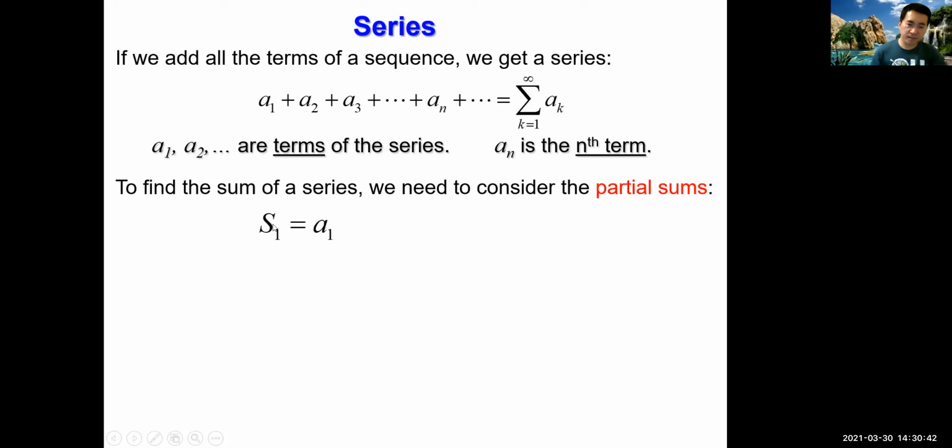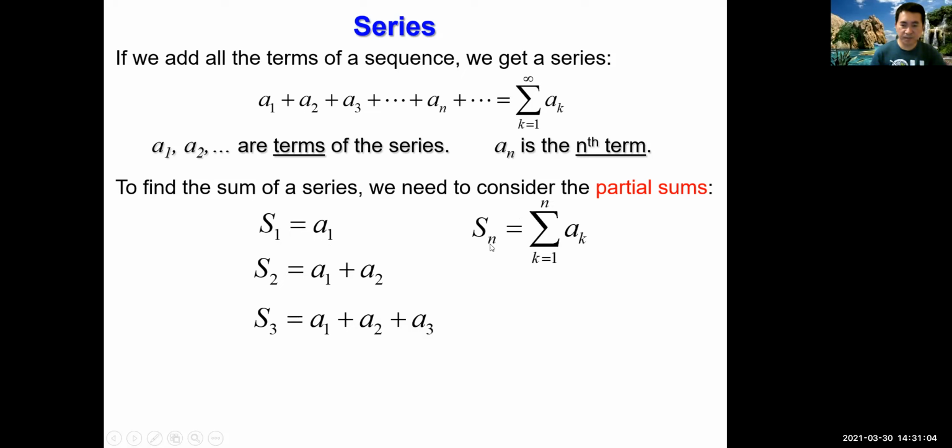If I write s sub 1, that means the sum of the first one term, just this one. If I write s sub 2, that means the sum of the first two terms, a1 plus a2. s sub 3 means a1 plus a2 plus a3, and so on. s sub n means the sum of a sub k from 1 to n, that is, the sum of the first n terms.